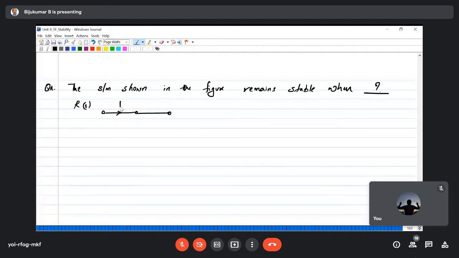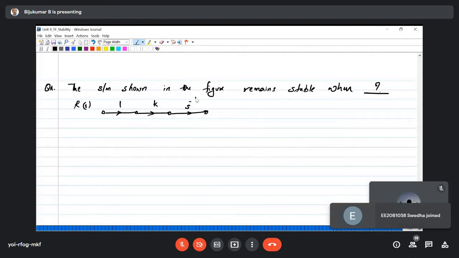This is 1, this gain is K, and again S in this. This is 1, Y of this.